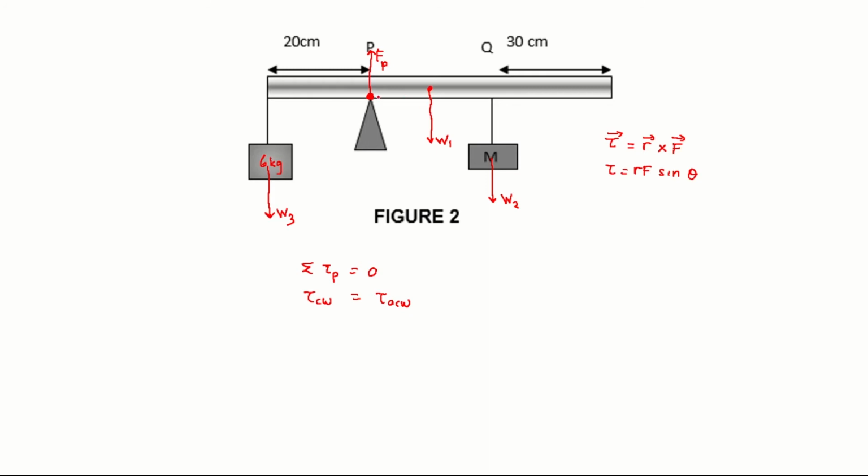Here is R1 for W1, the vector from the axis of rotation to where force W1 is applied. The angle between R1 and weight 1 is 90 degrees.